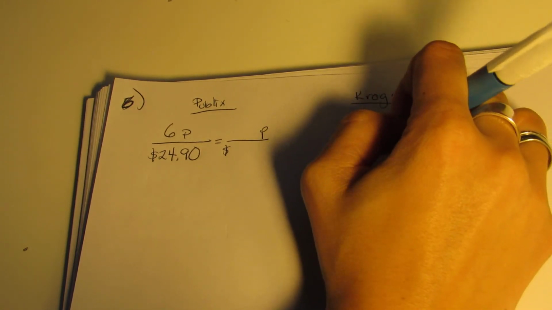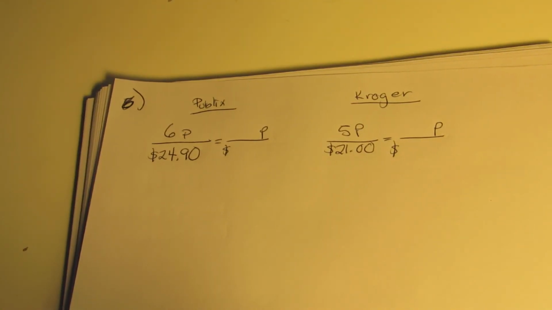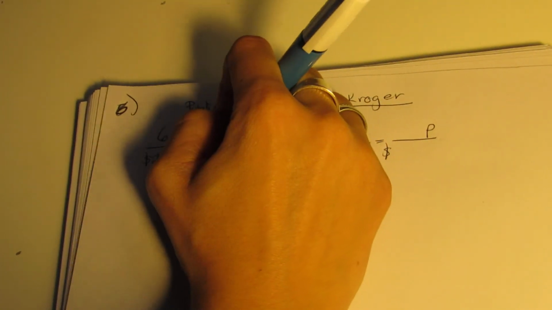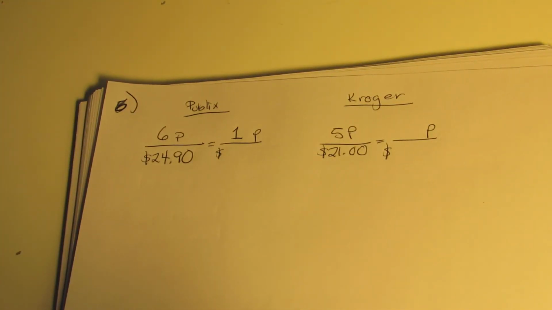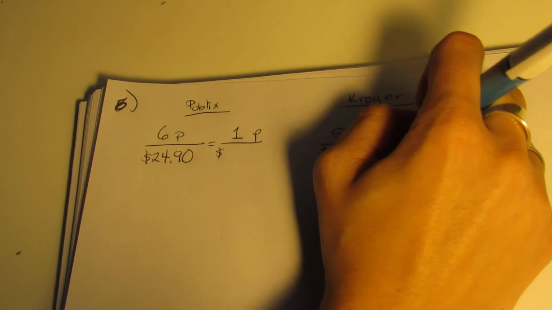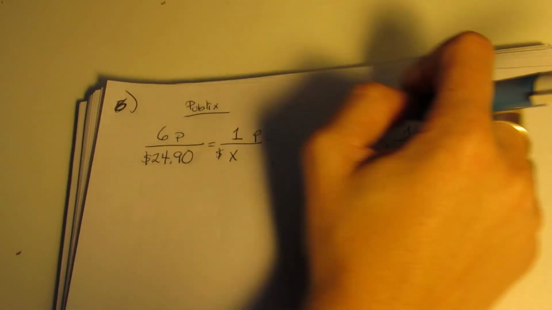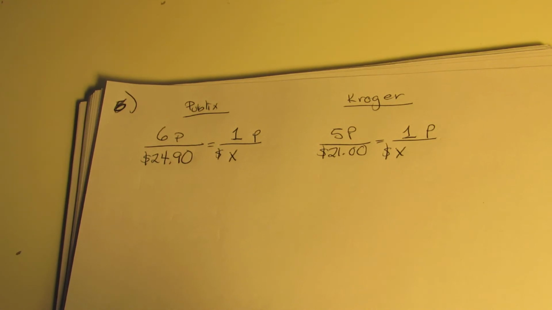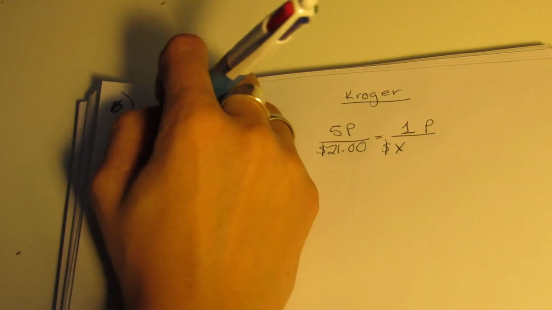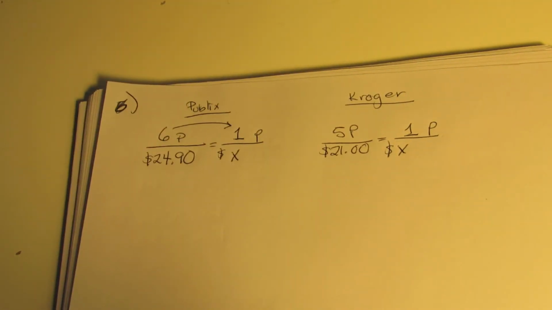Pizzas per dollar. In my brain, it would be much easier to think about the cost of one pizza versus $1. So I'm going to find the unit rate of one pizza. One pizza for Kroger as well. And we want to find out how much money it's going to cost for one pizza, and I'm going to compare. If I look at my comparison from 6 to 1, that's pretty simple.